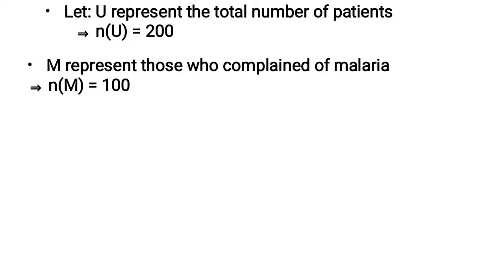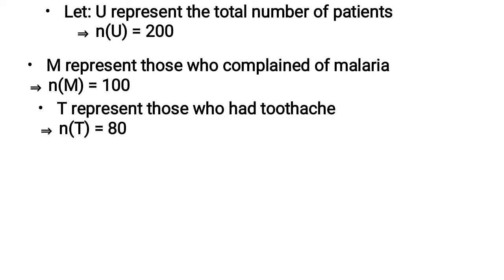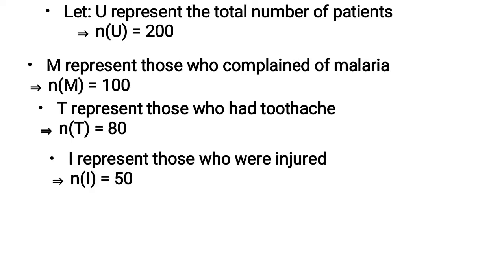Then M should represent number of patients who complained of malaria. This implies that number of M equals 100. Then T represents those who had toothache, so that is 80. I should represent those who were injured, which is 50.